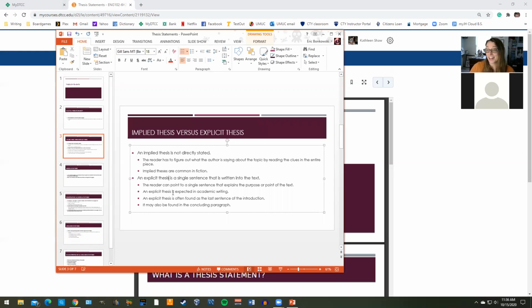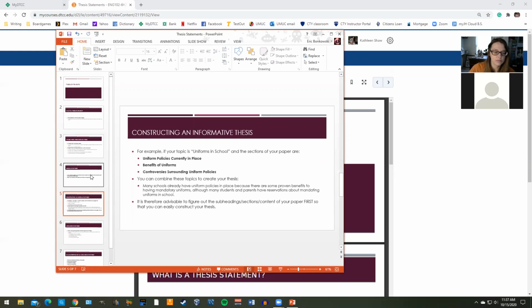You're not going to get a lot of that. You're just going to read through something like The Great Gatsby and get impressions of the different themes throughout the novel through the images and the ideas and the dialogue that's put forward. So that's an example of an implied thesis. An explicit thesis is one where you have a sentence that's like, okay, here's what I feel about the topic. That's what you guys are going to be aiming for.